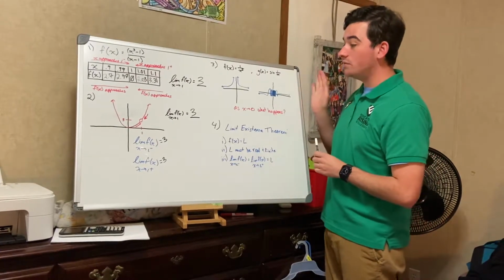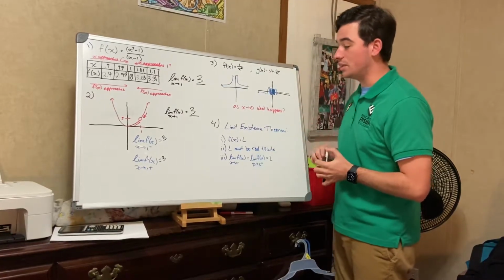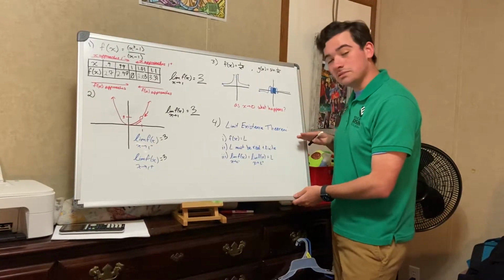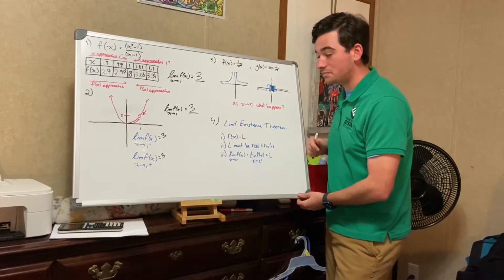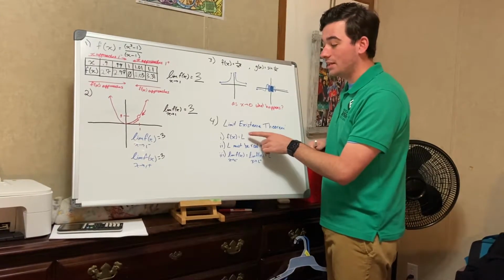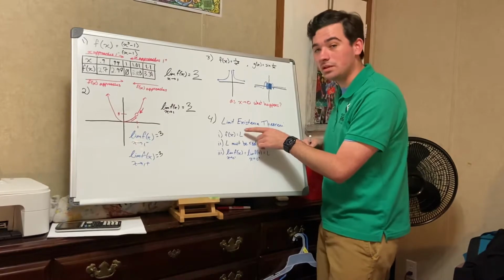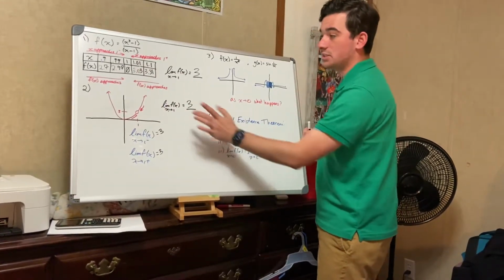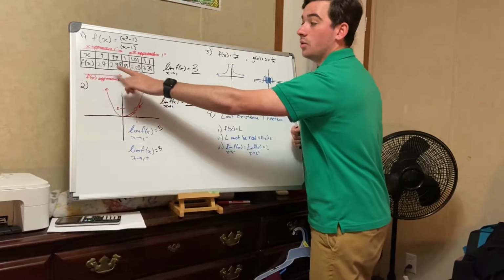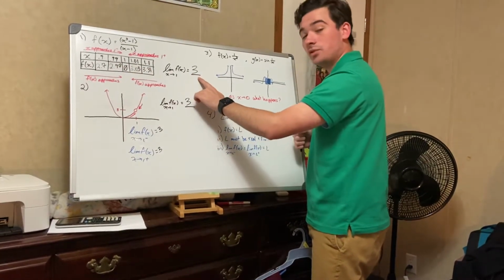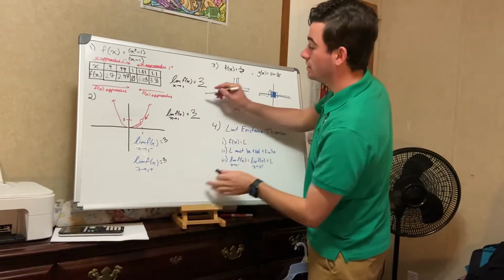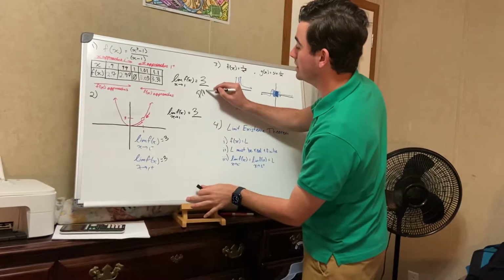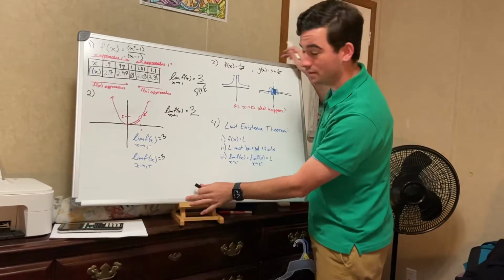So now that we've discussed all three of these criteria, we have built our limit existence theorem. Our first portion, the function must equal L. So right here, we can look at this criteria and say, oh, f of x did not equal 3, therefore that limit does not exist, DNE.